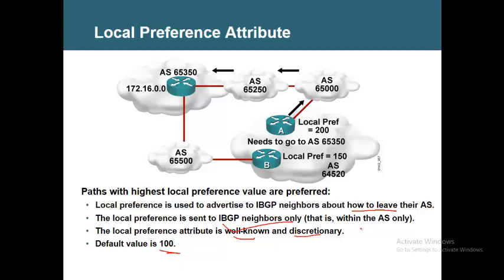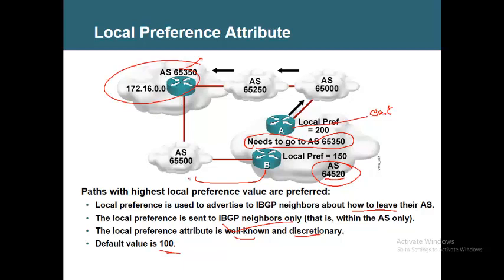our autonomous system. For example, if you see this autonomous system 64520, in order to go to this autonomous system, you need to go to 65350. In order to go to that autonomous system, you prefer to exit via router A. But by default, it won't exit via router A. Why?